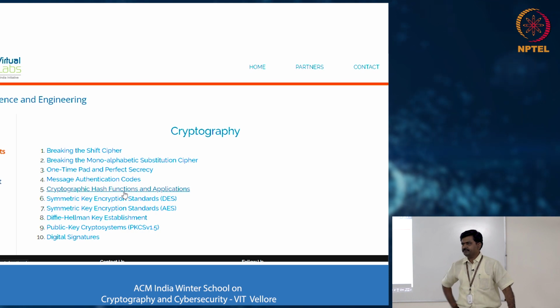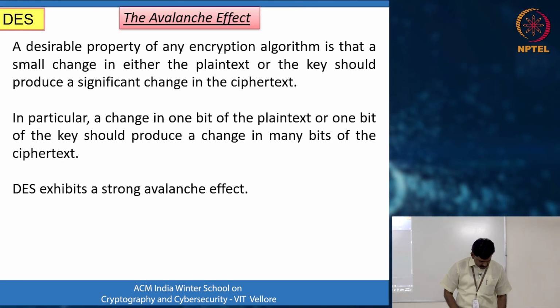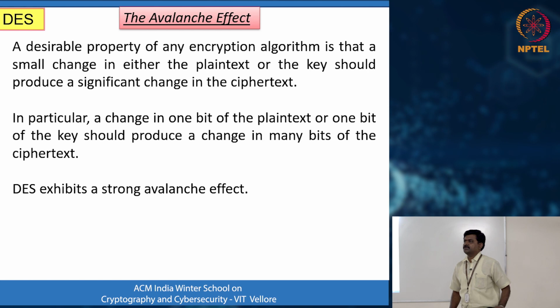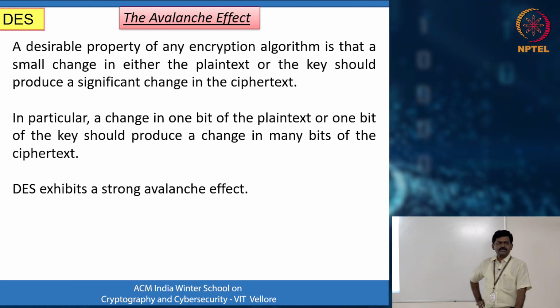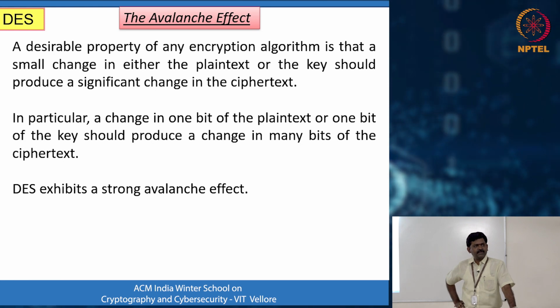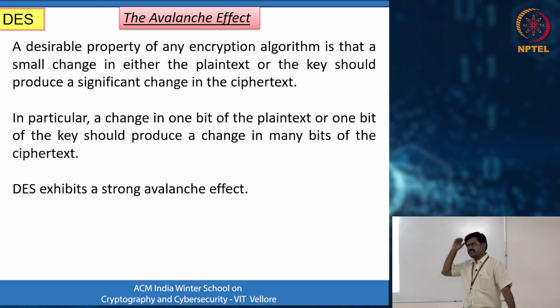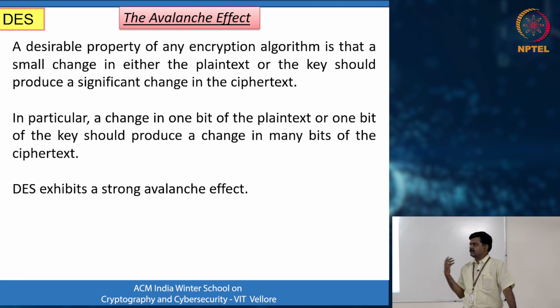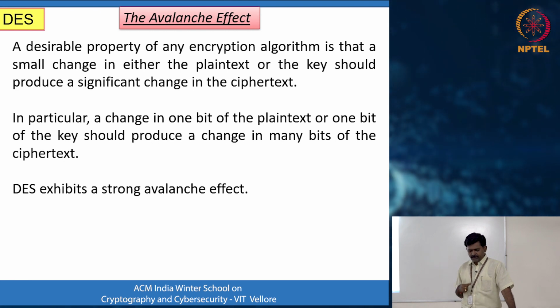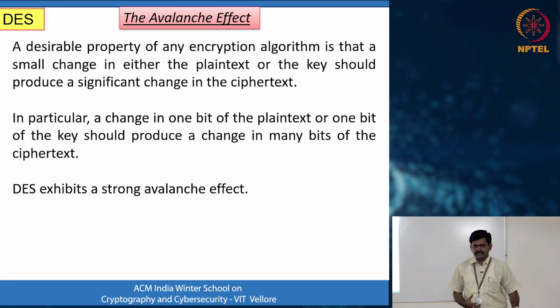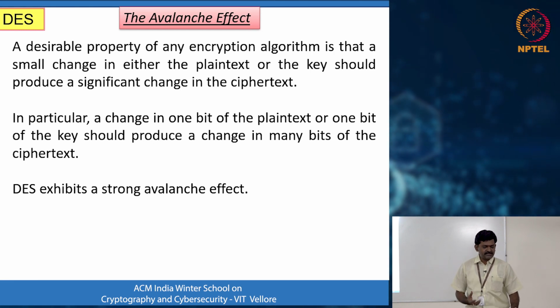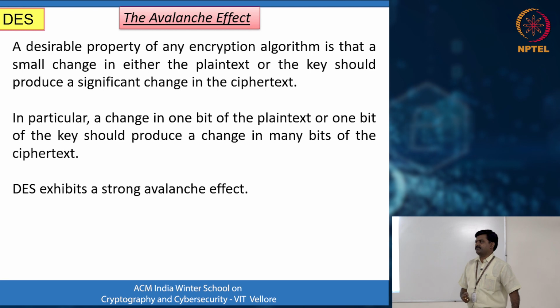Okay. So one of the features DES has, not only DES, any of these cryptographic algorithms, we saw the various heuristics involved. On what basis? One of the basic features is the avalanche effect.